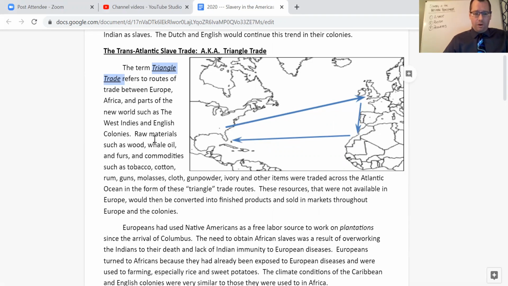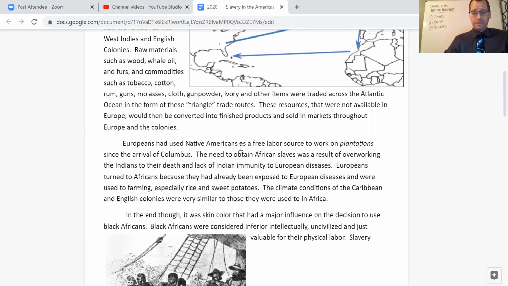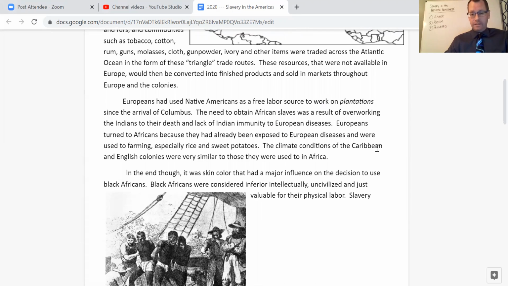The big deal is raw materials coming from the West over to Europe, slaves coming from Africa to the New World, and from Europe to Africa, resources that Africa did not have access to, that tribes could use to gain their competitive advantage over somebody else, just like the French, the Spanish, and the English used against each other. And that might be weapons, it might be other forms of finished product technology that they just didn't have access to in Africa.